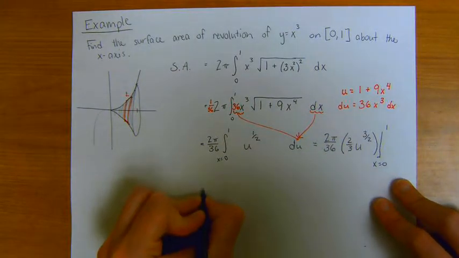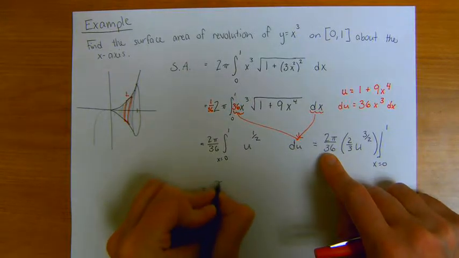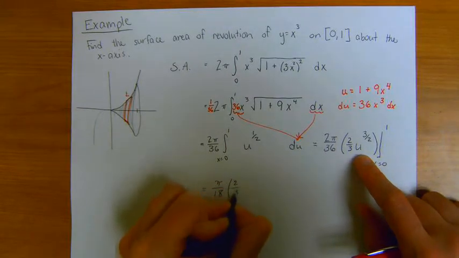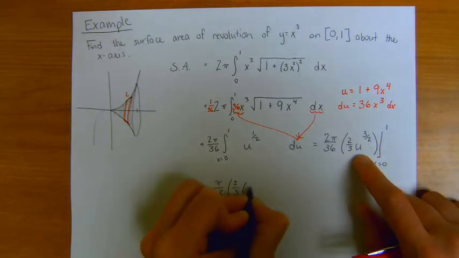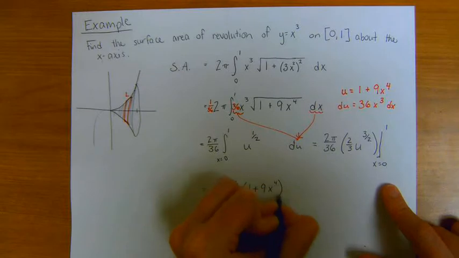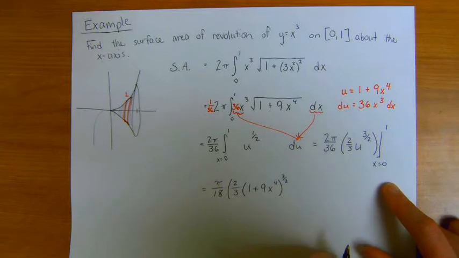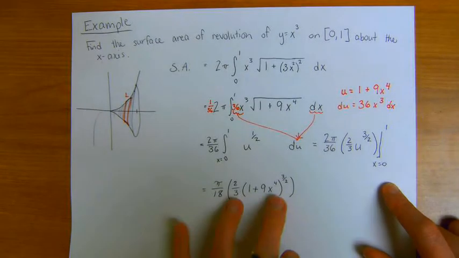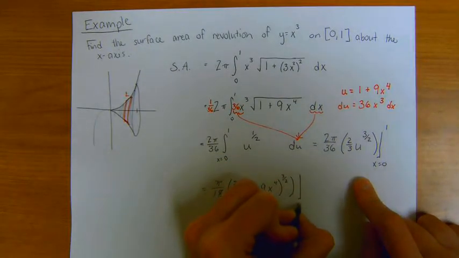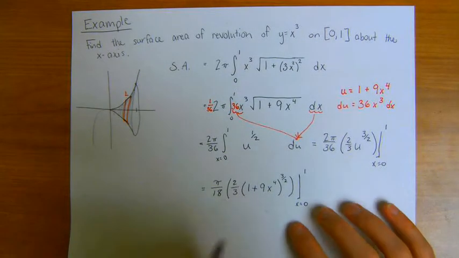Plugging back in for x, 2 pi over 36 is just pi over 18 times 2/3 of u, but remember that u was just 1 plus 9x to the fourth, all raised to the 3/2. Because I just plugged in what x is, and now I need to evaluate that as x goes from 0 to 1.